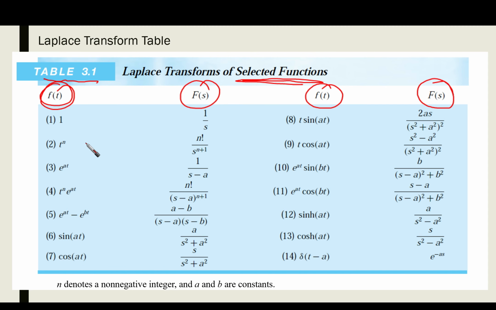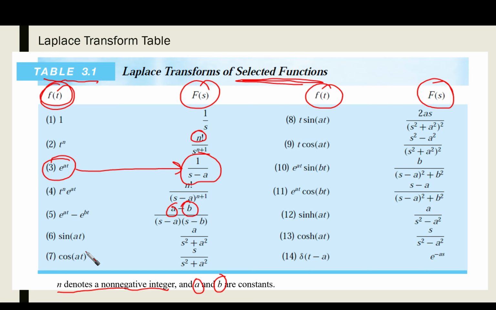You are going to find, for example, one of the forms that we have used, e to the at. It is going to be given directly, as we integrated and got the value by integration. Remember that whenever you see n like this, n denotes a non-negative integer. And you're going to find some constants, which are a and b. They are constants.